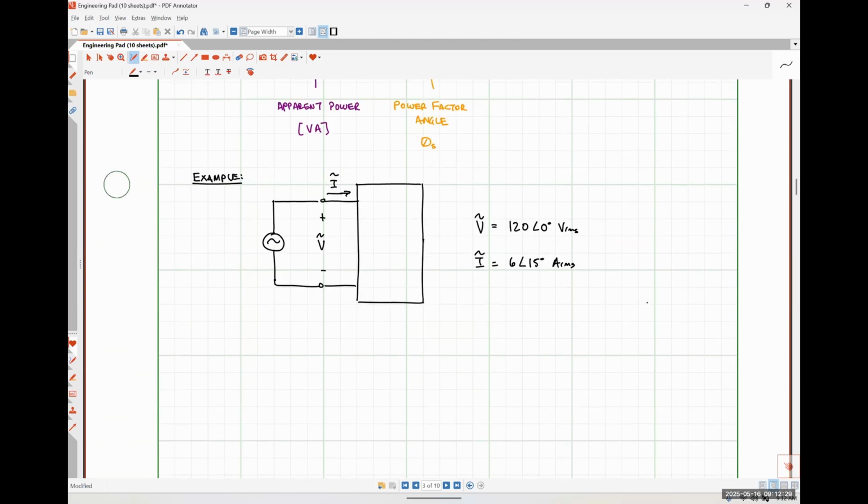So what I mean by that is, let's say that we want S for this load, okay? So that's just going to be V times I conjugate, which would be 120 angle 0 degrees volts RMS times 6 angle negative 15 degrees amps RMS, because the complex conjugate of a complex number just simply changes the sign on the angle.